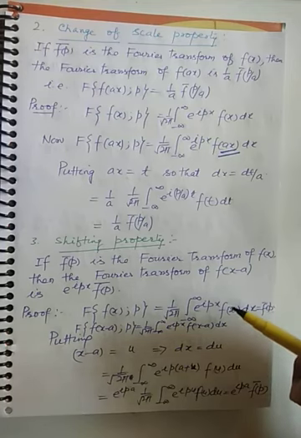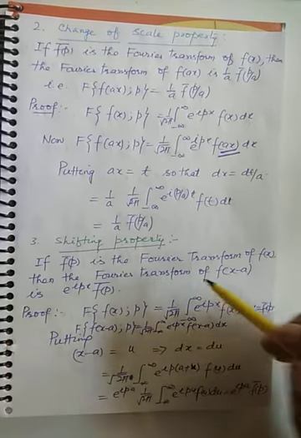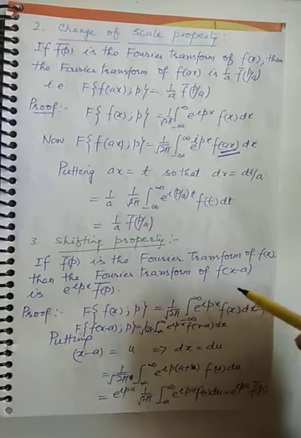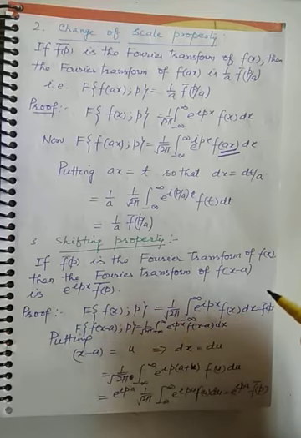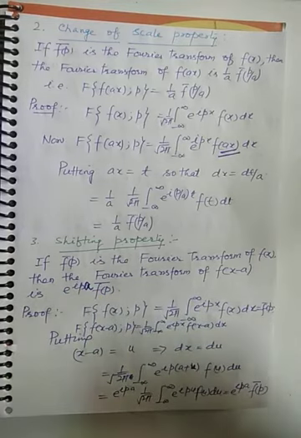Next one is the shifting property. If F bar(p) is the Fourier transform of f(x), then the Fourier transform of f(x - a) is e^(ipa) F bar(p).